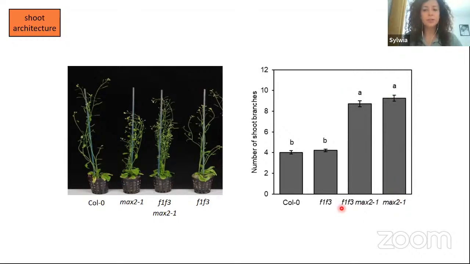The triple mutant F1, F3, MAX2 showed the same phenotype as MAX2. So here we could conclude that probably the PP6 complex is not important for shoot branching, or not involved in the control of the number of rosette branches.